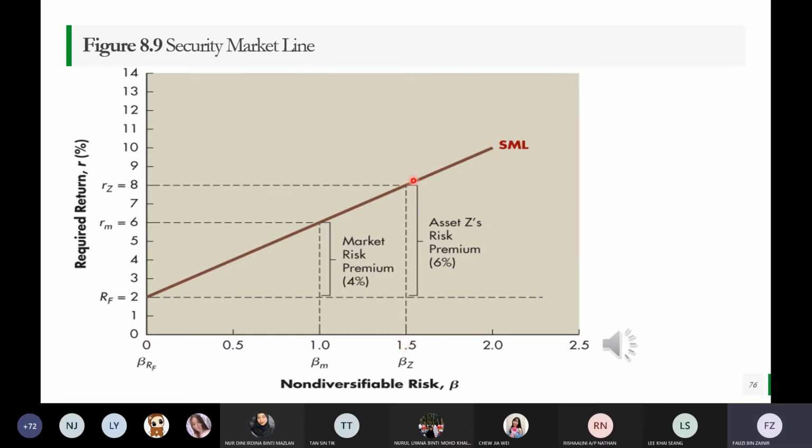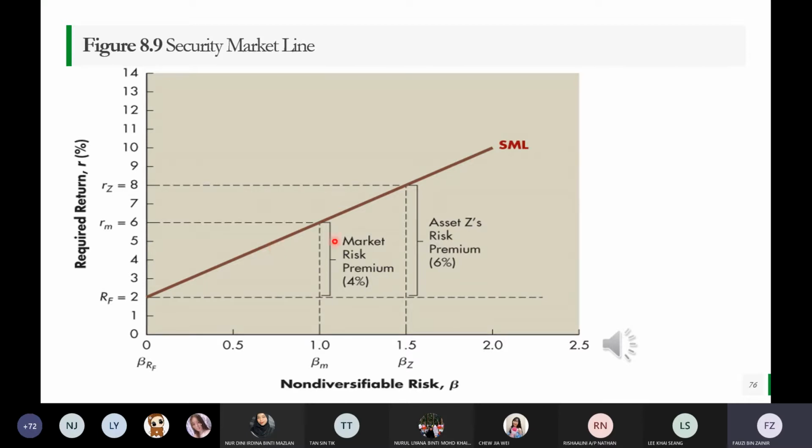The asset Z risk premium is 6%, which is 8% minus 2%, which is higher than the market premium. The general principle illustrated in the figure is that the risk premium for an asset with a beta greater than 1.0 will be greater than the risk premium of the market, whereas an asset with a beta below 1.0 will have a risk premium that is less than the market risk premium.